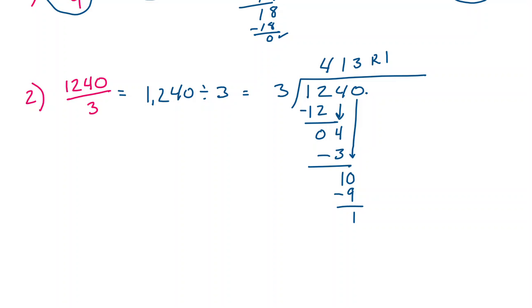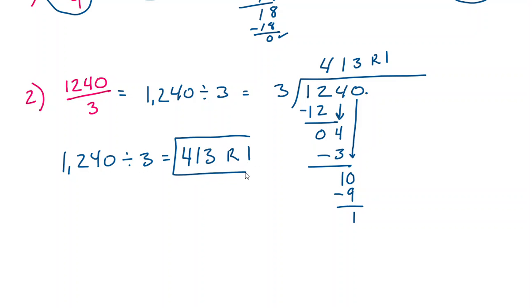So we're going to say that 1,240 divided by 3 equals, let's see, what was that? 413 remainder 1. And that's our answer. That's it. That's the answer.